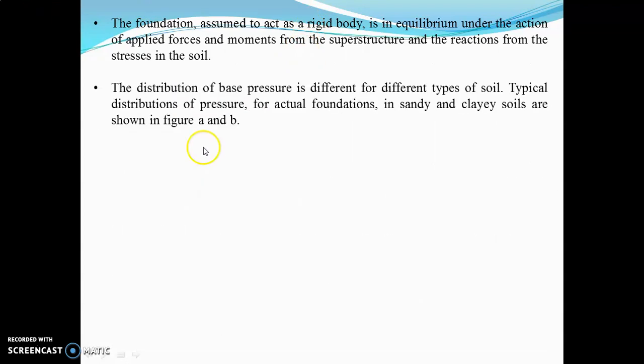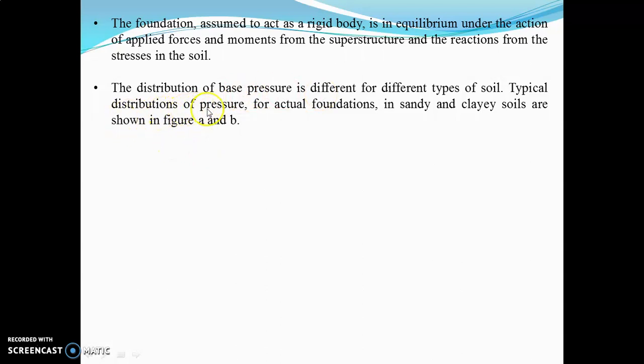The foundation, assumed to act as a rigid body, is in equilibrium under the action of applied forces and moments from the superstructure and the reactions from the stresses in the soil. The distribution of base pressure is different for different types of soil.